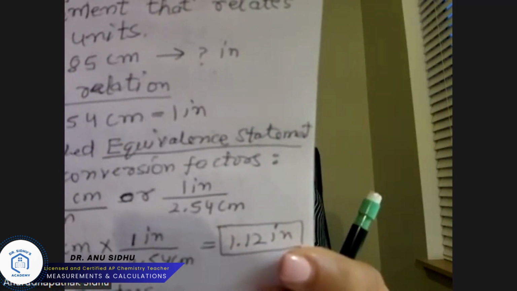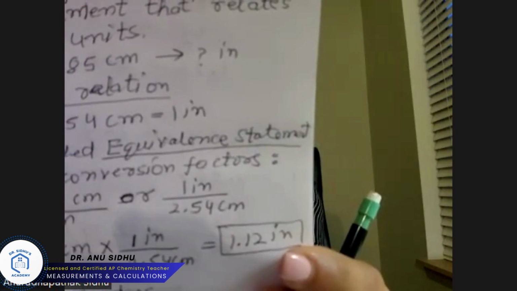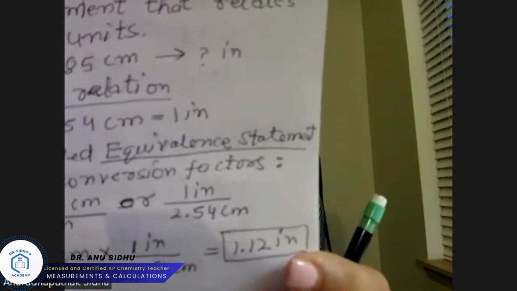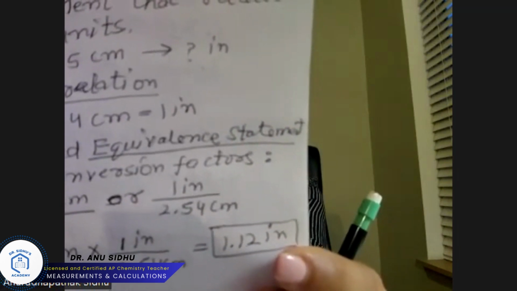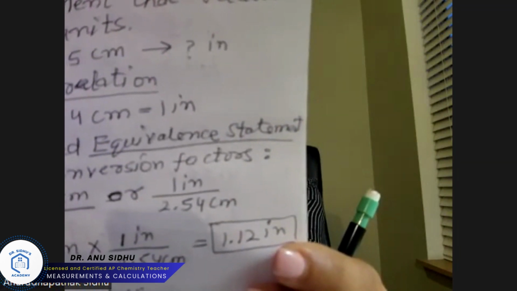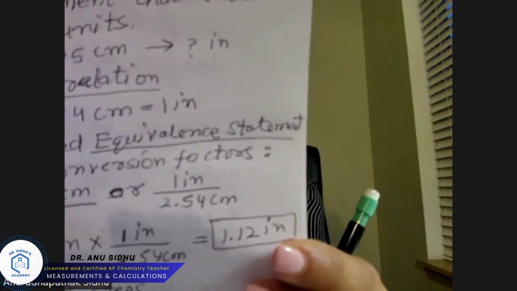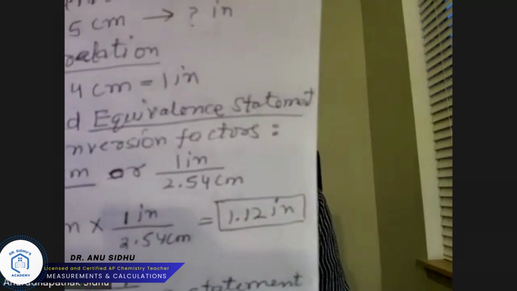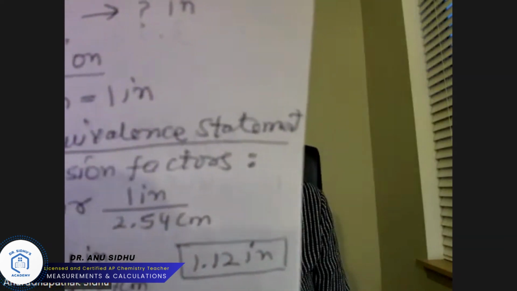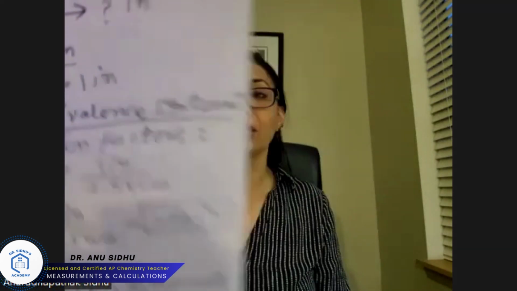To convert centimeters into inches, we figure out which conversion factor to use. We multiply 2.85 centimeters by 1 inch divided by 2.54 centimeters, and we get 1.12 inches. You see how beautifully we are able to convert from one unit to another.